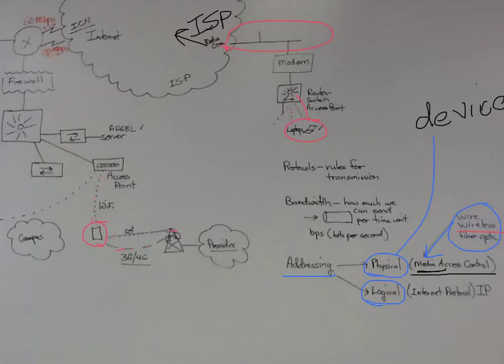Now, the other addressing is logical addressing. That can change. You don't know what your logical address necessarily is unless you statically configure it. What we use is an internet protocol, so it's called an IP address. And your device gets that IP address.